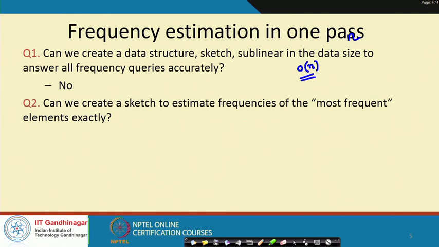Instead of trying to answer all frequency queries, sometimes the issue is that maybe there is a huge number of tail elements which have very small frequencies. And the question then is, suppose I do not worry about them, and I only worry about giving accurate answers to the most frequent elements. Can I do this? I could certainly do this in the offline setting.